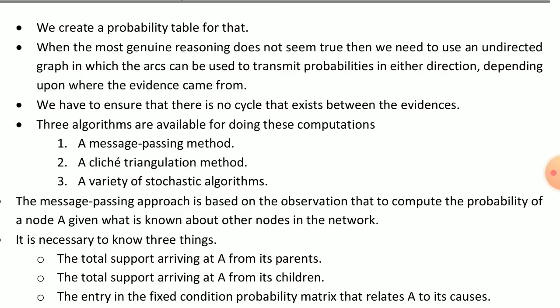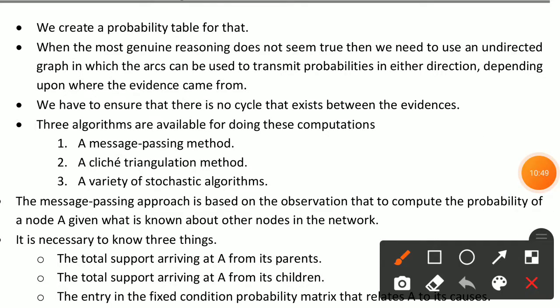So the direction is not given in the undirected graph, okay, and then we can transmit the probability depending upon where the evidence came from. What is the evidence present, and we can use that evidence and find out the probability.